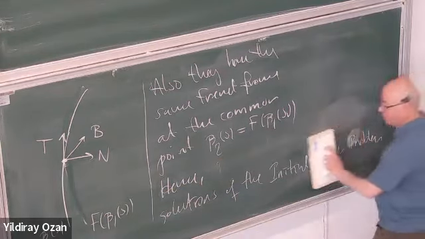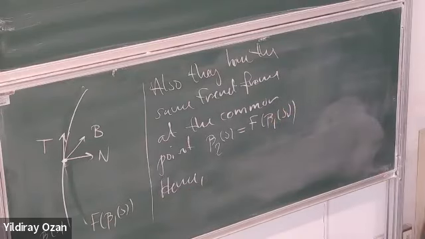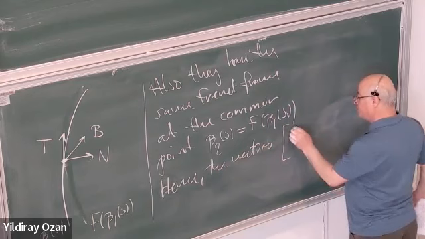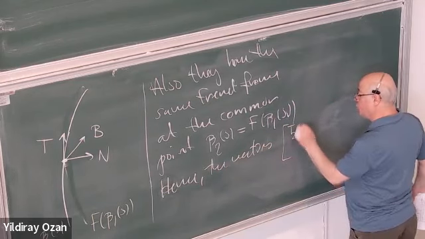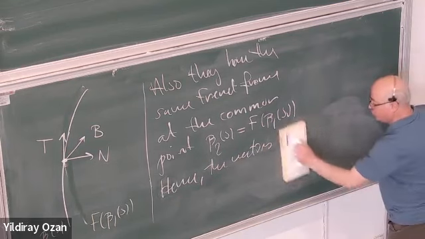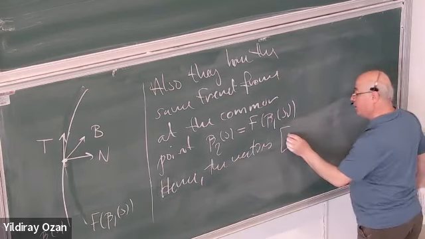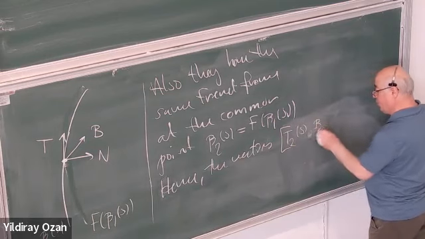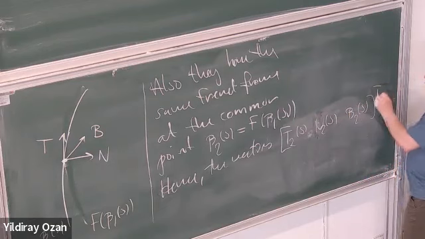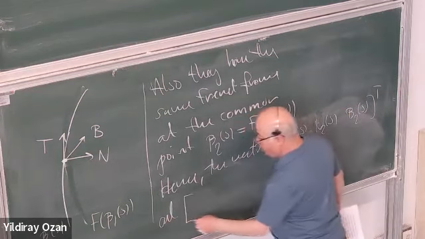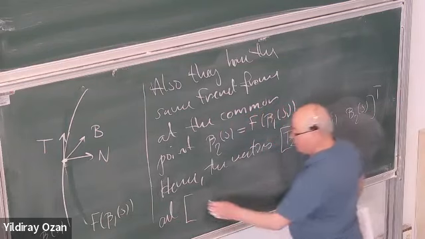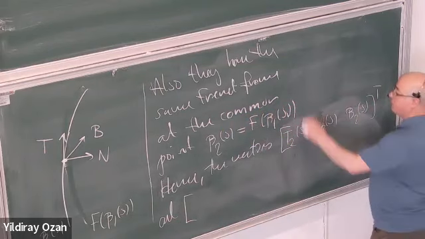Let me write it this way. Hence, the vectors T2 S, N2 S, B2 S, transpose, and the differential of this. What was the differential of F?